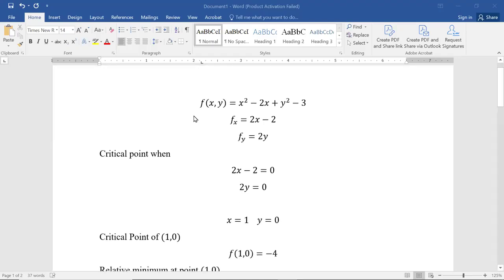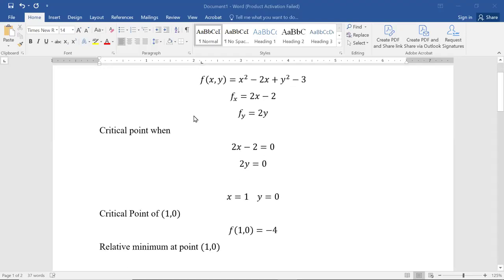Now, before we move on, I wanted to just go ahead and do this second derivative test for the two functions we've already dealt with. So we found a critical point of (1, 0), and we've visually seen that it's a relative minimum.